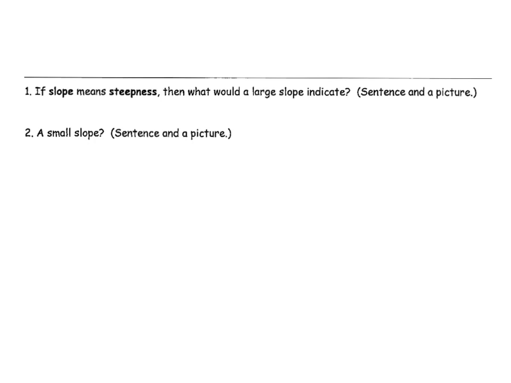If slope means steepness, like we just said, how steep is that hill that you are bike riding up? How flat? So if steepness is the same as slope, then what would a large slope be? If I said that hill has a large slope, what would that mean? It's steep. But think in numbers. What number would a large slope be?